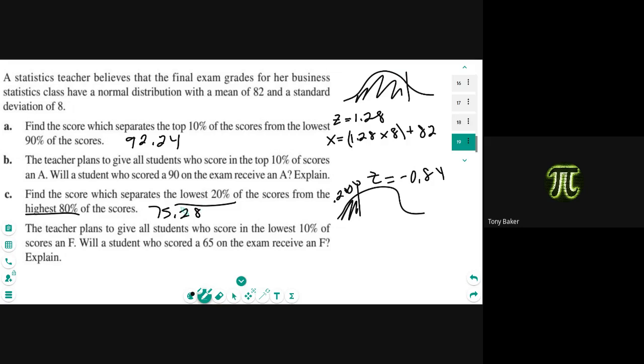Make sure you did negative 0.84. So remember, z-scores can be positive or negative. If you're on the left side, it's negative. If you're on the right side, it's positive. That makes a difference. So my z in this case is negative 0.84. We're below the 50%, so we're going to be in that negative area. So 75.28 is in the lowest 20%.